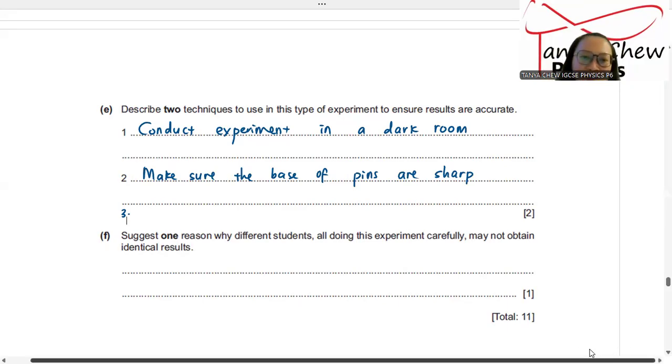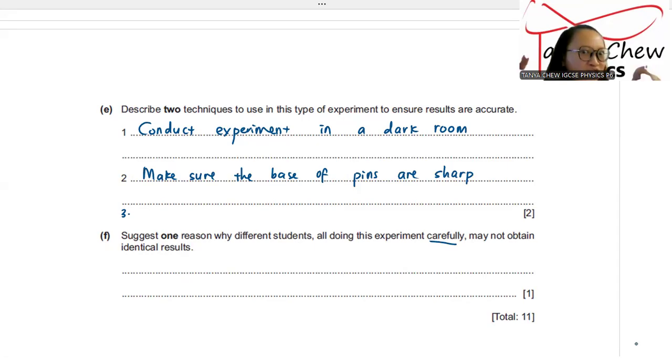F, suggest one reason why different students all doing the experiment carefully may not obtain identical results. Carefully, you cannot talk about parallax error because the students have already conducted the experiment carefully. So parallax error can be put aside.